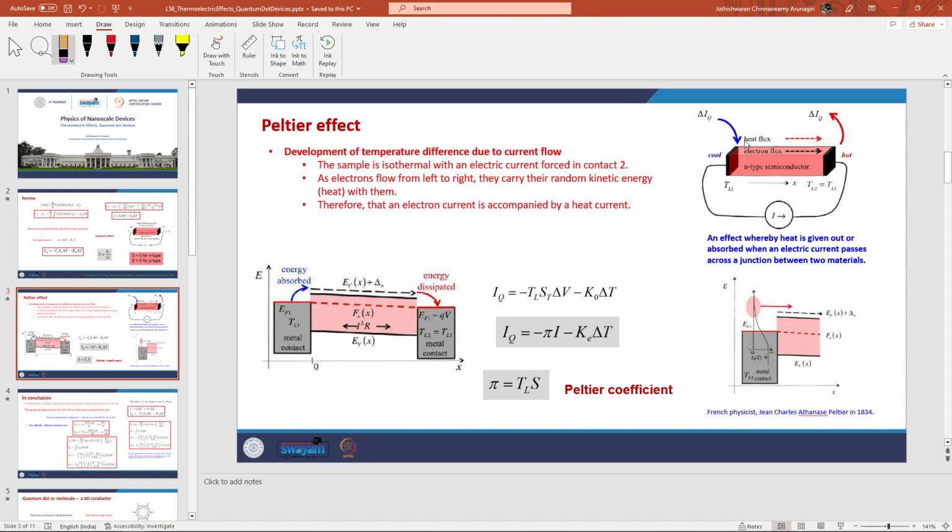So there is a temperature difference that is formed as a result of the applied current. So TL times S, essentially the lattice temperature times the Seebeck coefficient, gives us the Peltier coefficient. The Seebeck coefficient came from the Seebeck coefficient divided by the conductance of the material.